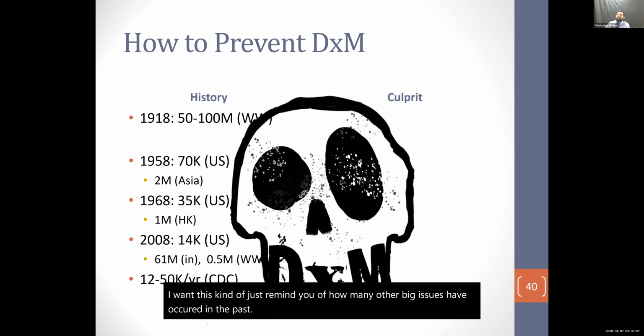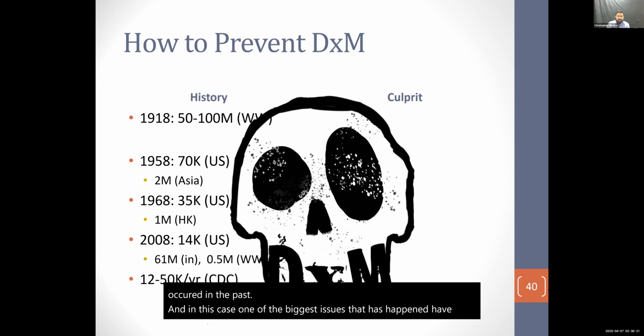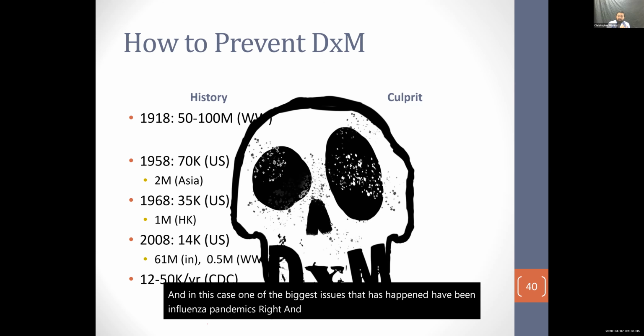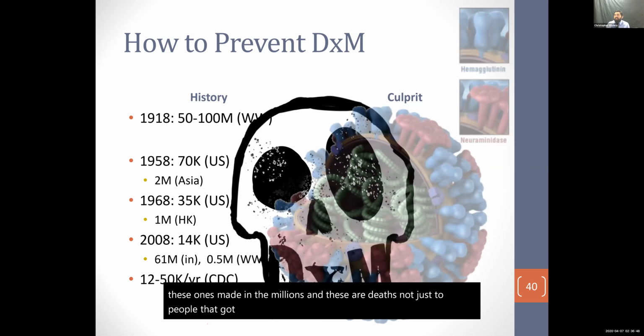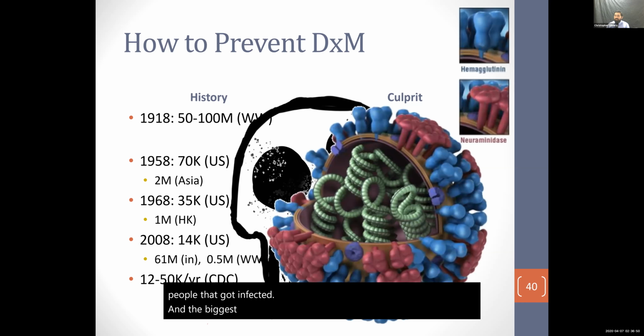And in this case, one of the biggest issues that has happened has been influenza pandemics, right? And so even though we're worried about 100,000 cases or something like that right now, these ones made it in the millions. And these are deaths, not just people that got infected. And the biggest culprit here happens to be this wonderful little guy that you're seeing here.